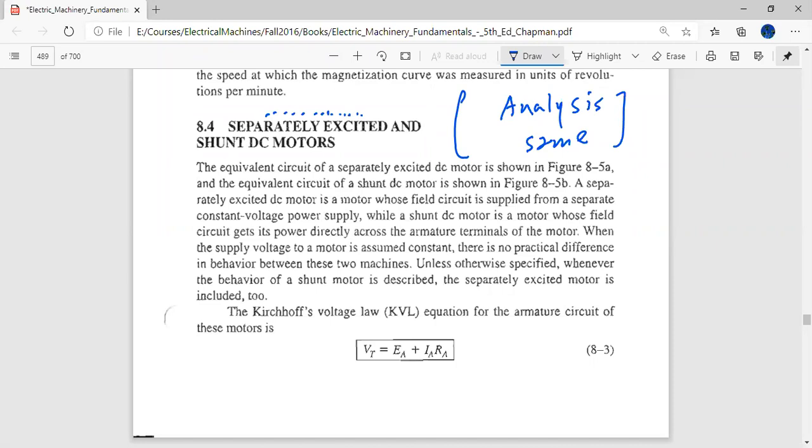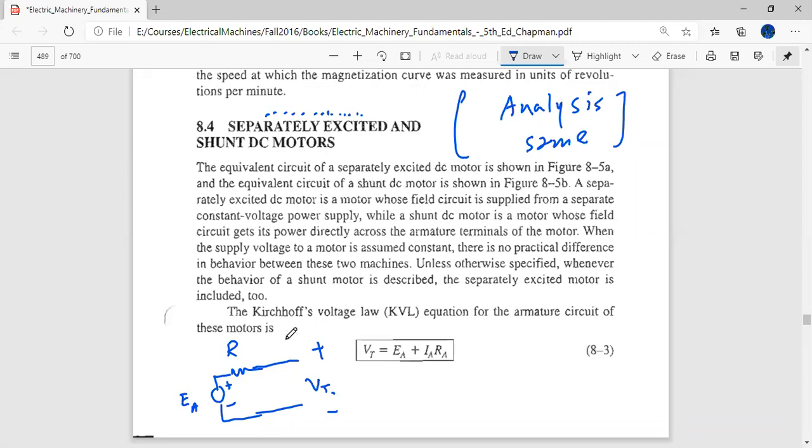So over here, the first equation is that the terminal voltage is equal to the armature induced EMF plus IA RA. And why does this relationship hold? Because if we see the armature side of both the machines, separately excited or shunt motors, the armature EMF is always opposing the supply EMF. So if the supply EMF is like this, then the armature EMF is opposing this.